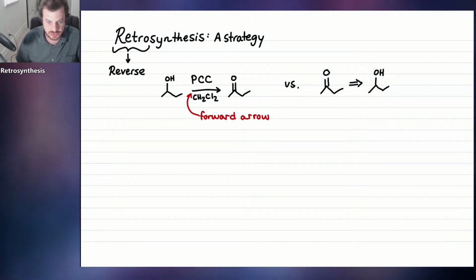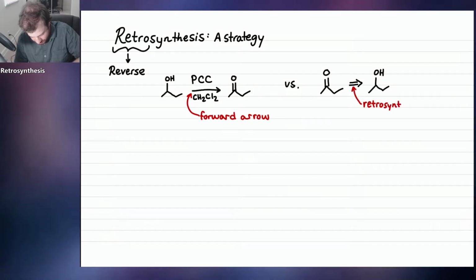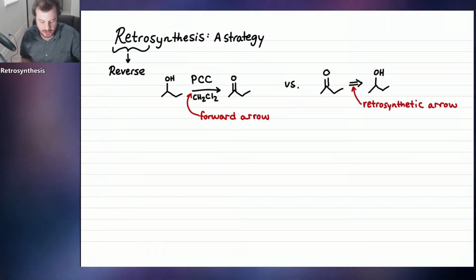Notice how the arrow looks a little different. It's still facing in the forward direction, but it has more of two lines, almost like an equal sign with a cap on it. That is called the retrosynthetic arrow. I didn't make this up. And the way you should read it, if you ever see one of those arrows, is like this: can be made from.